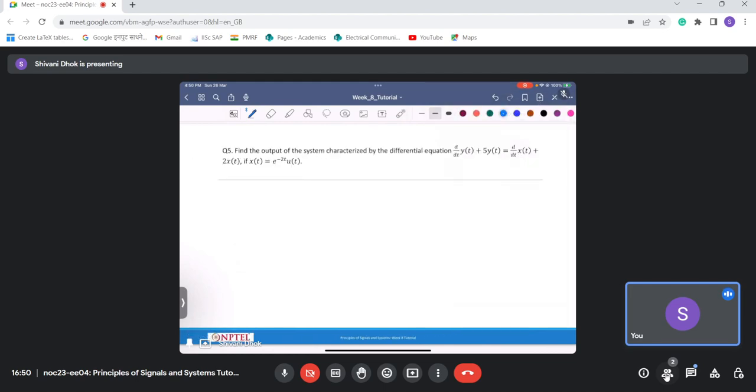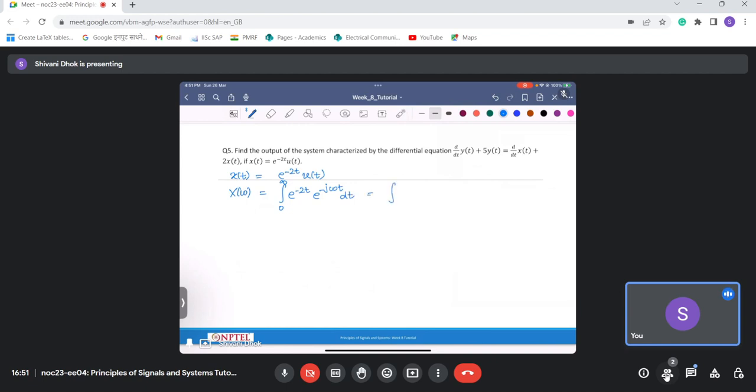Next, we have x t equal to e power minus 2t u t. Now let us try to find what is x of omega. This is equal to the integral from 0 to infinity, because it's a unit step function, which is non-zero only for 0 to infinity. So this is the integral from 0 to infinity of e power minus 2t e power minus j omega t dt.